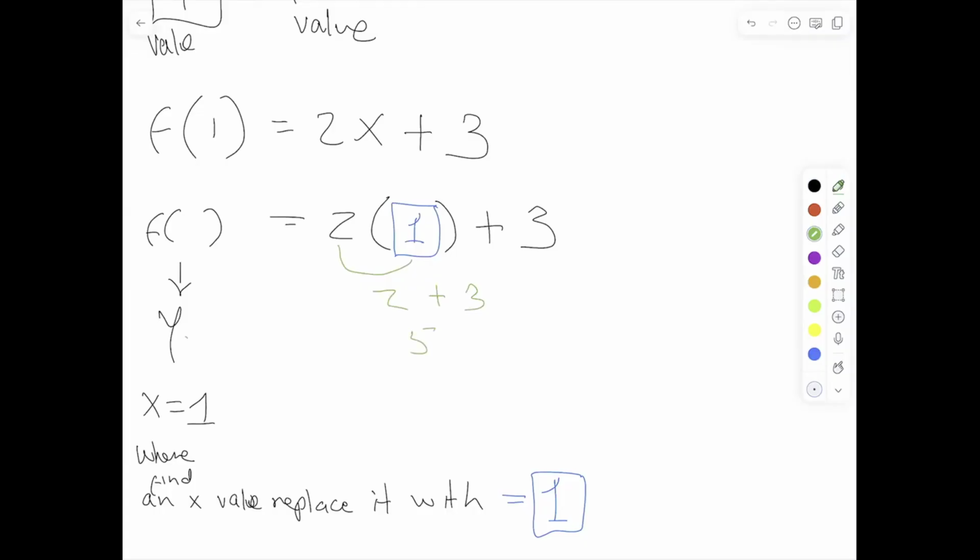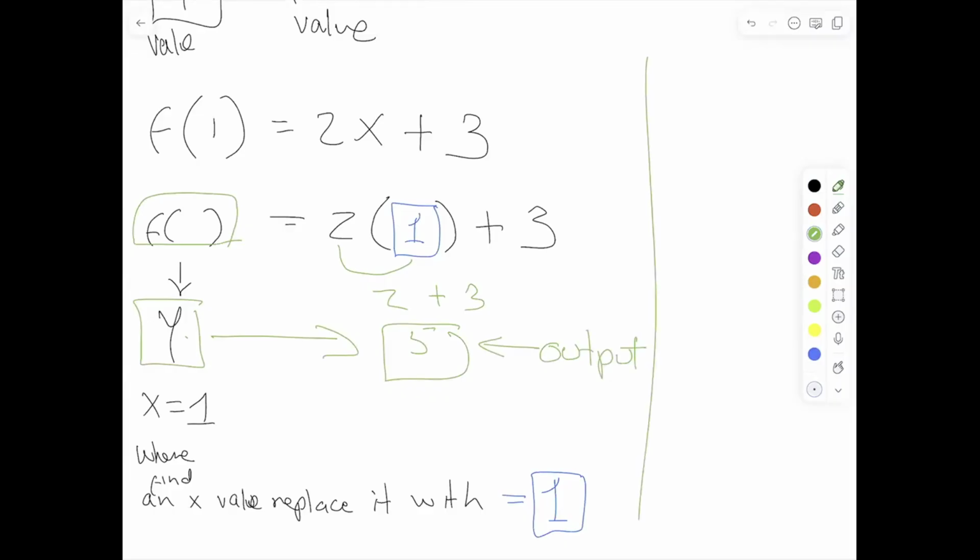So the f is y. So then y is my 5, right? And 5 is my output. What does that mean? When I have an input, which is x, and that value is 1, my output is y, and my answer is 5.